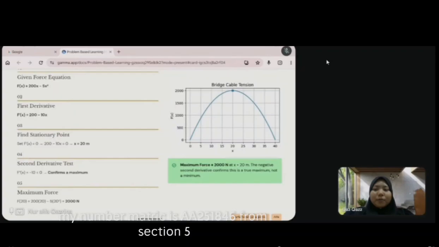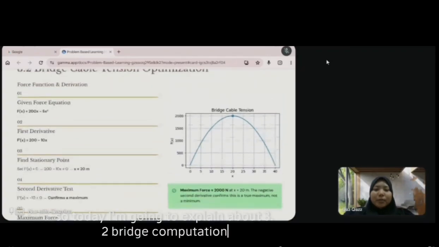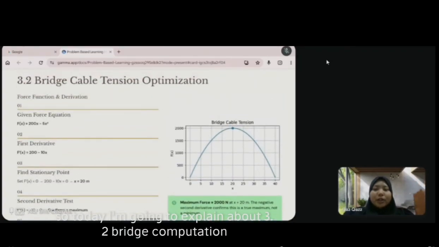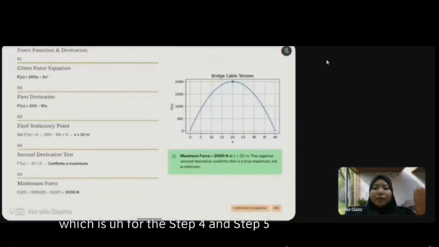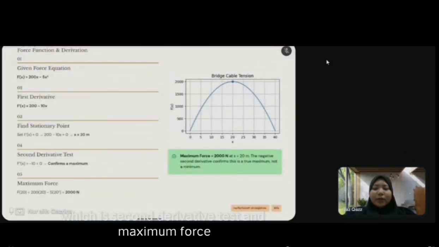Today I'm going to explain bridge cable optimization, focusing on the derivation, which is step 4 and step 5: the second derivative test and the maximum force.